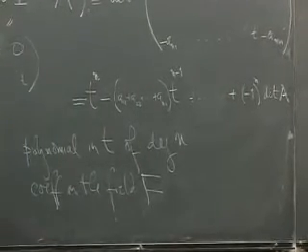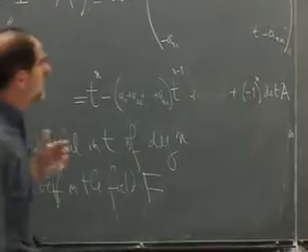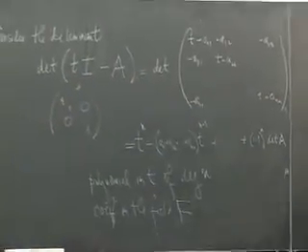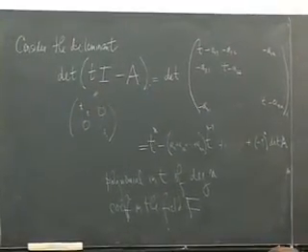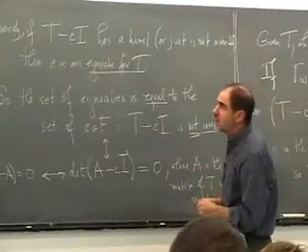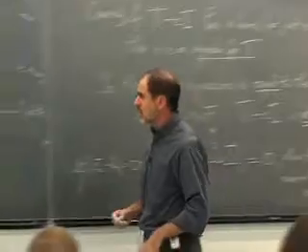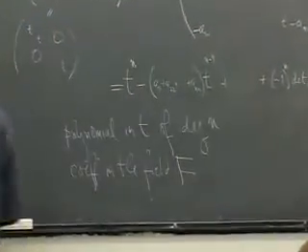And that we get by choosing any basis we wish for our vector space, calculating the matrix of T with respect to that basis, and calculating this polynomial. So this polynomial is called the characteristic polynomial of T.